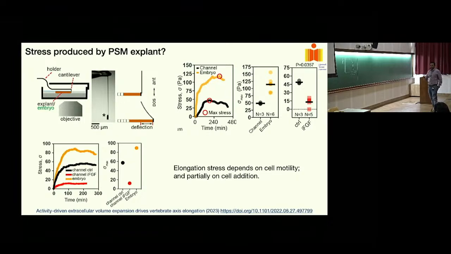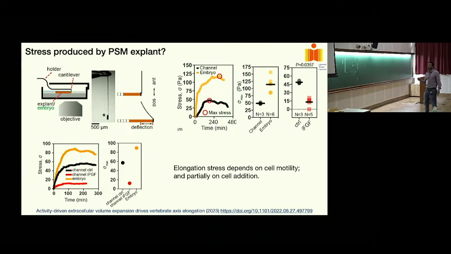Okay, so this is the last slide before the summary. What we have shown here is three different cases. In one case, you have the PSM explant only in the channel. The second is when you have the actual PSM in the embryo. You can see that in these two cases, the stress applied by the PSM is different.